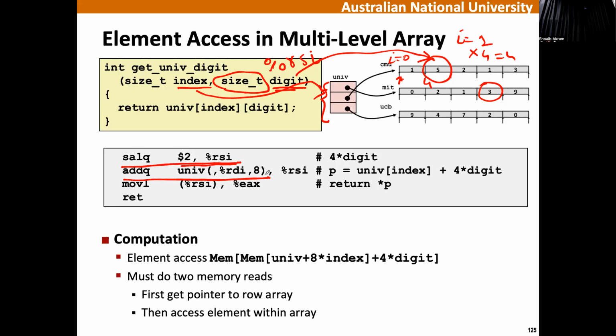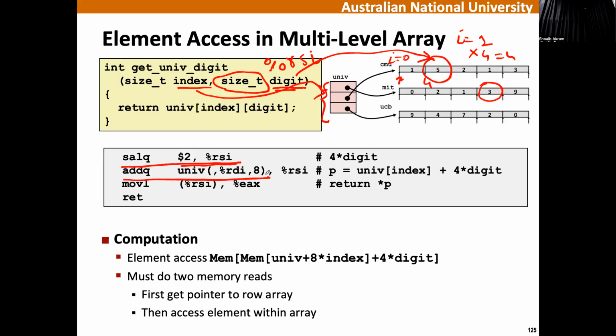The size of a pointer. University is the base address of the 3-pointer array. And then to go somewhere inside that array, I am scaling the index by 8. And the add instruction adds that to RSI, which is the position or location of the integer in the CMU, MIT, or UCB array.